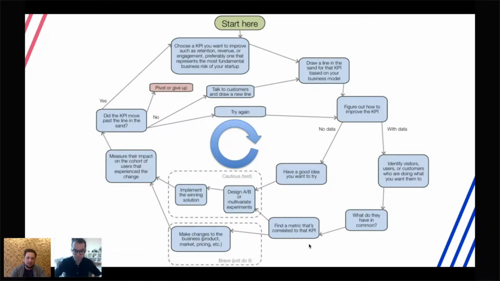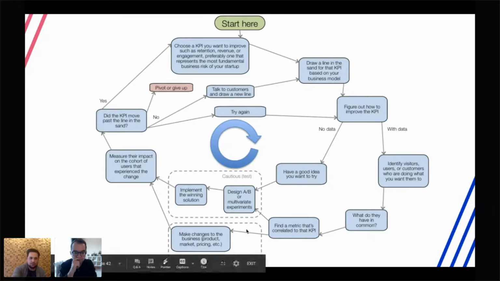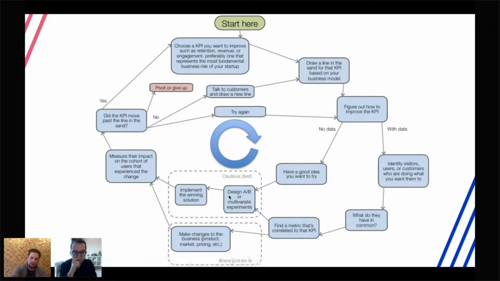And what we can do in early stage startups and also B2B companies that don't have enough traffic to show significant results after, let's say, 2 weeks or a month, is that sometimes we just do a brave implementation. Based on our learnings, we know that this page needs to be adjusted, and our communication should be based on something else. So this is the first way, and the second way is, of course, A/B testing.